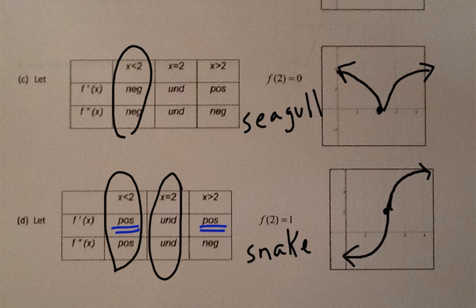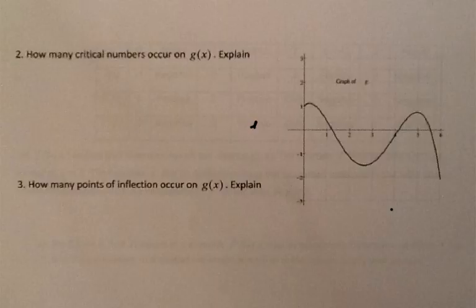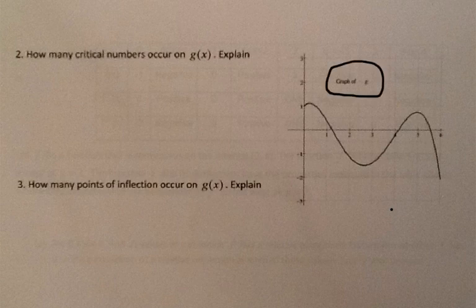Okay, hopefully you did pretty well on those. The next one we're going to do is number 2. Number 2 says how many critical numbers occur on g of x. Now, g of x is given here.